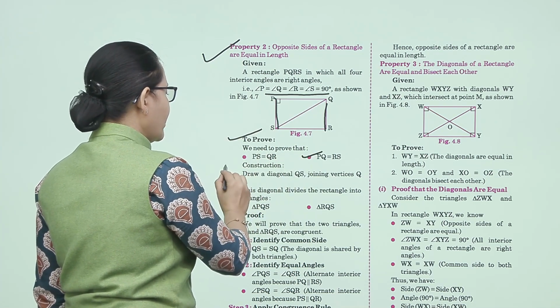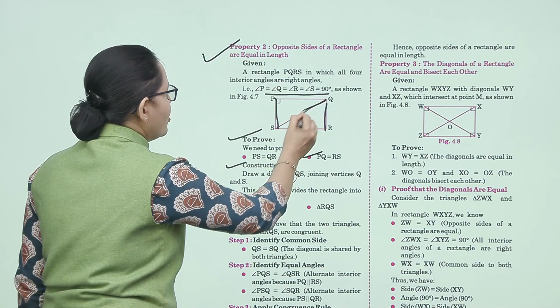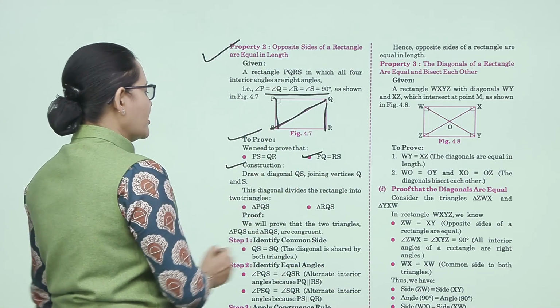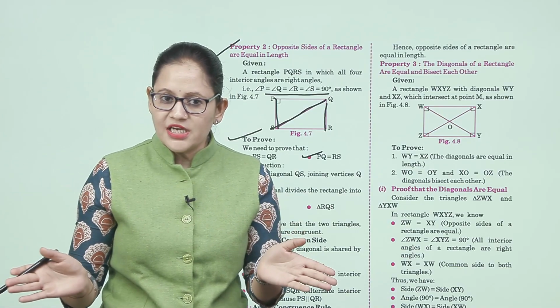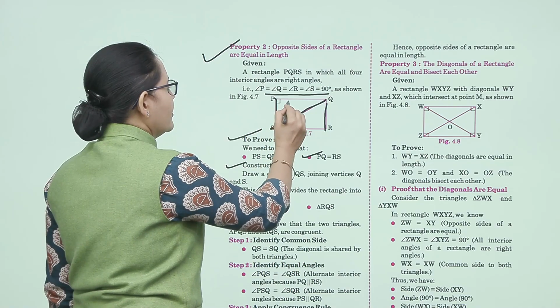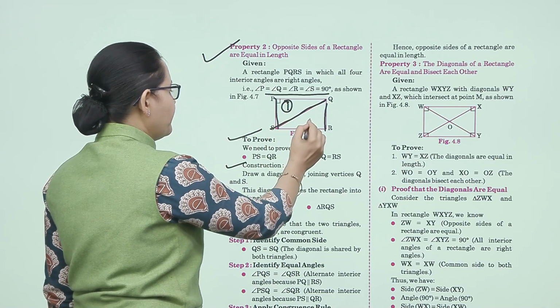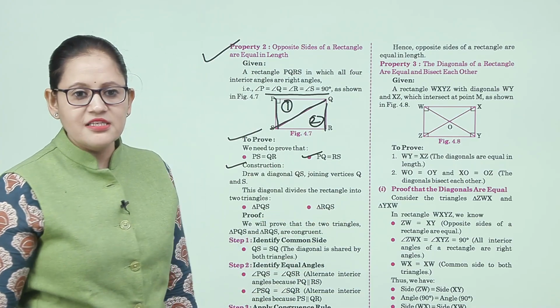Now, construction: draw a diagonal QS joining the vertices Q and S. This diagonal will divide the rectangle into two triangles, triangle PQS and triangle QRS.